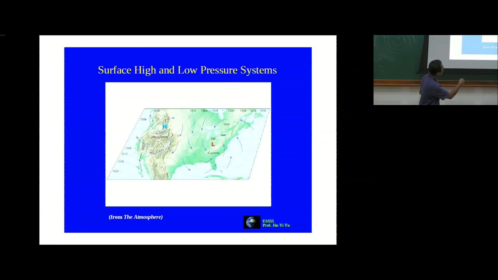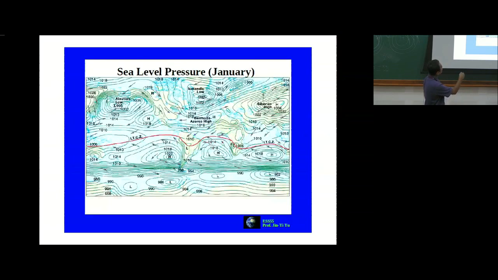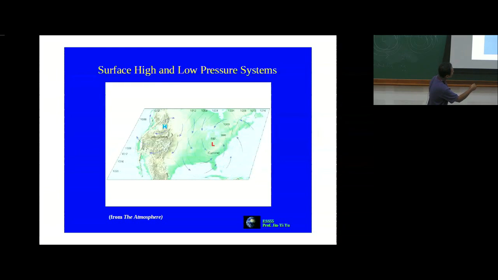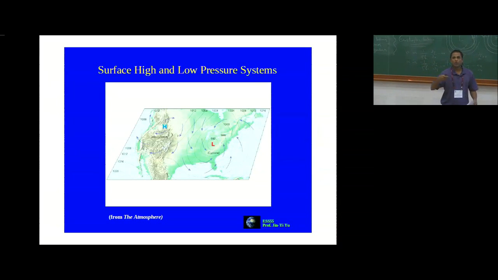So each of these guys is approximately half of the US, so the scale of this is barely 2,000 kilometers. So what we saw was true at a scale of 10,000 kilometers is also actually true at a scale of 2,000 kilometers, right? So what we are seeing is that this kind of a balance is actually holding true once you go to scales that are a few thousand kilometers and more.